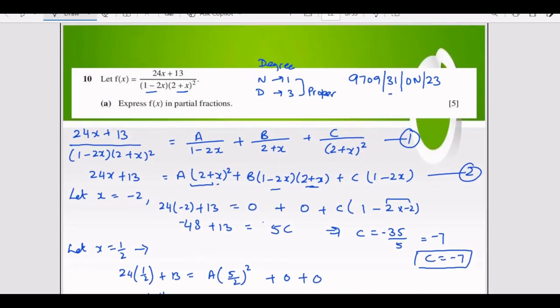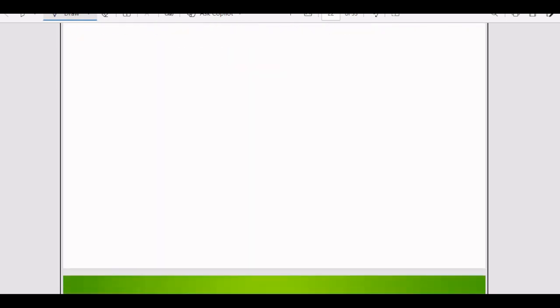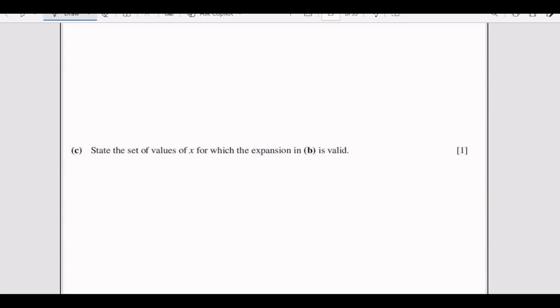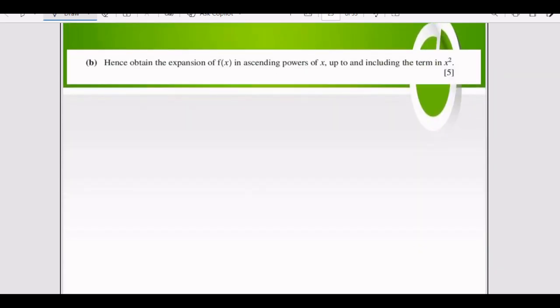Now, this question was of 5 marks, right? These are 2 follow-up questions here. This is also 5 marks, then another one is of 1 mark. So let's do this one. Here we are going to use the binomial expansion. Hence obtain the expansion of f(x) in ascending powers of x, including the terms up to x squared.